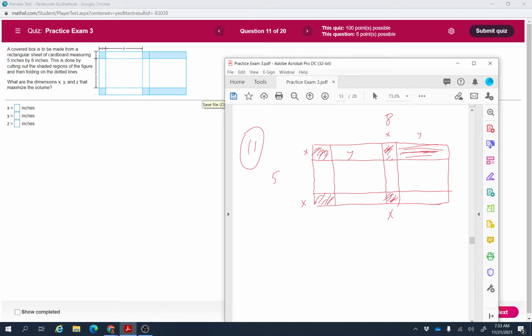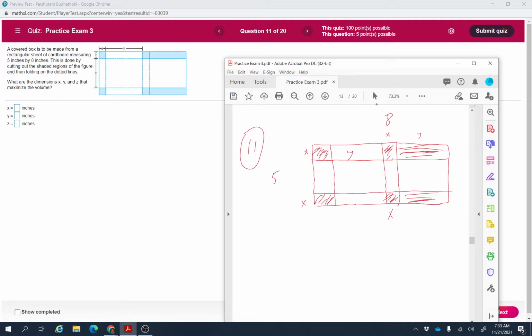So it has to be y. So we're cutting x and y from this side, and x from this side. We know that the length of this side is 8 inch.